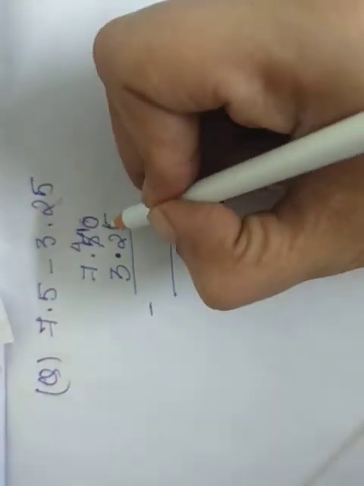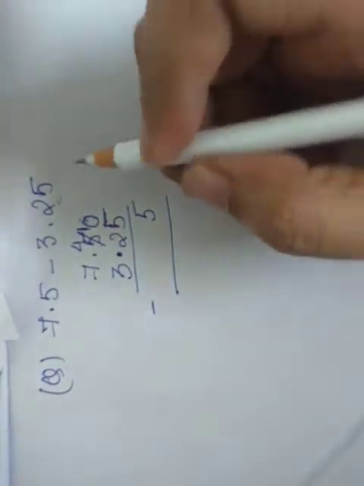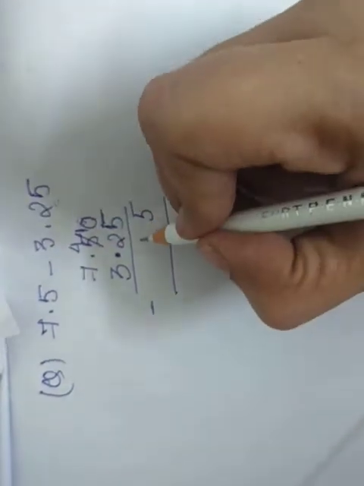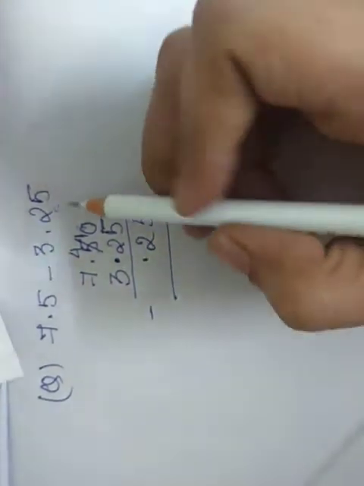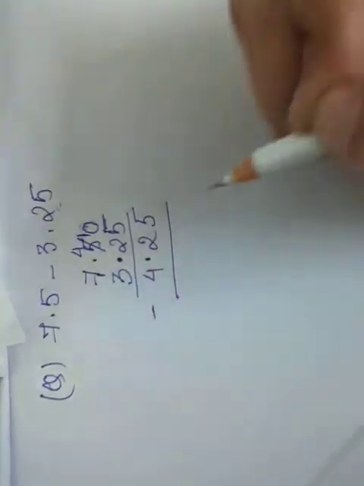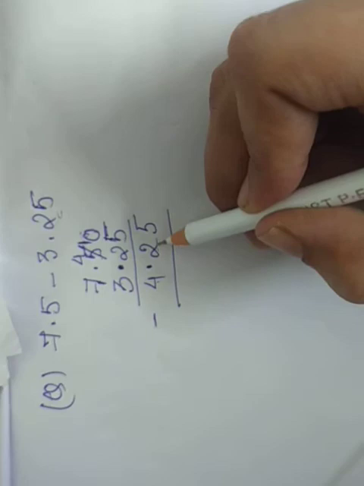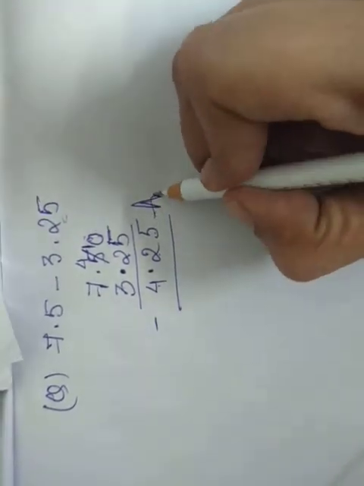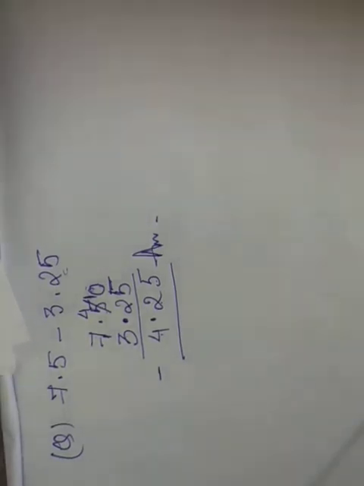Now 5, if subtracted from 10, it will give you 5 again. 2 subtracted from 4 will give you 2. Then put a decimal. Now 3 subtracted from 7 will give you 4. So the answer is 4.25, and that is the answer. Clear, students? Let us do one more sum.